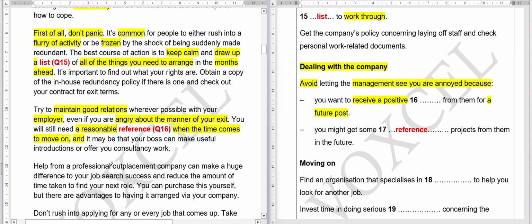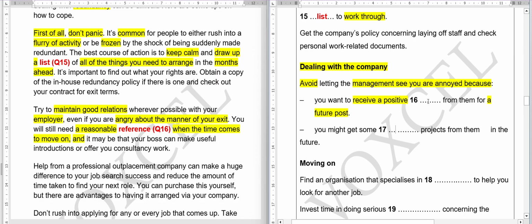Okay, I have written it in the wrong place, sorry about that. I wrote it in the wrong blank.